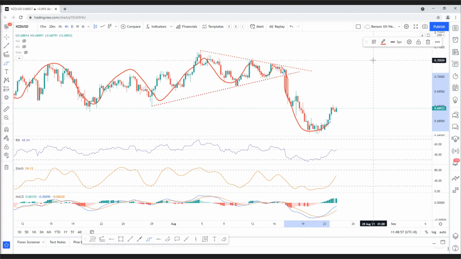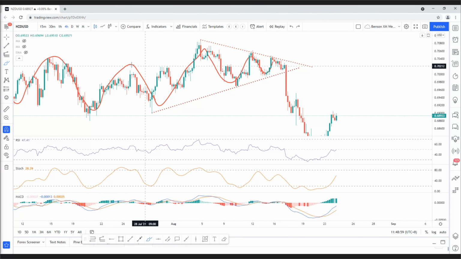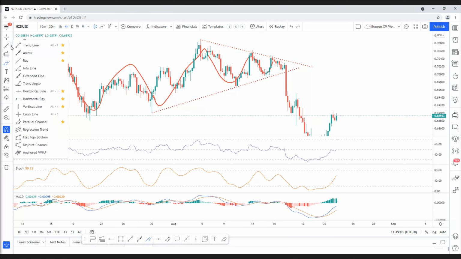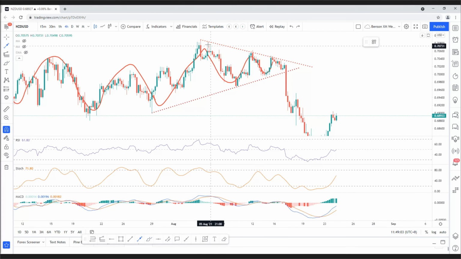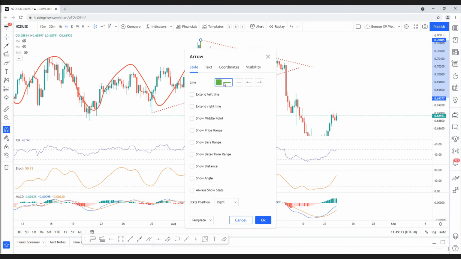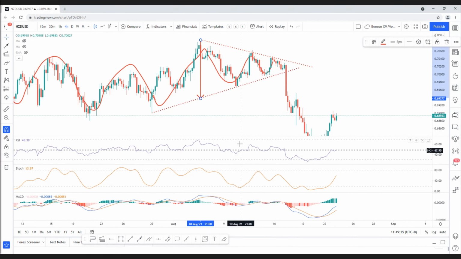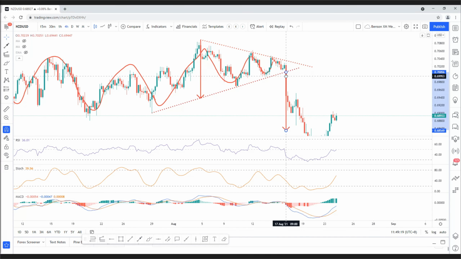All right. So if you guys remember, just now we talked about the price target. Let me just roughly show you how it's measured. We measure from the top all the way to the bottom. Copy, paste, and drag it down over here.